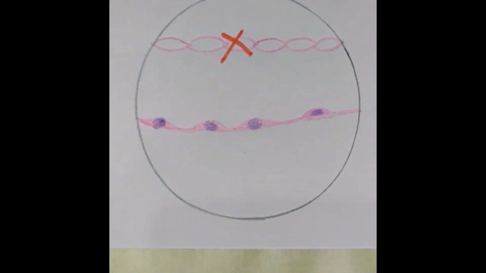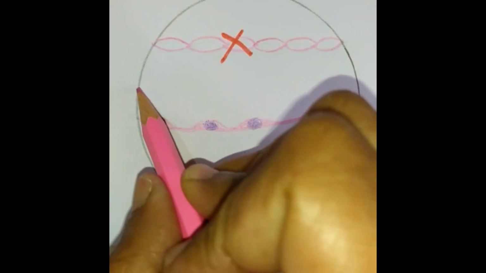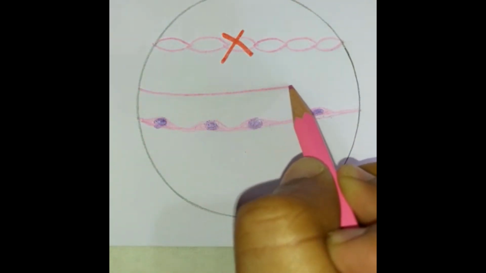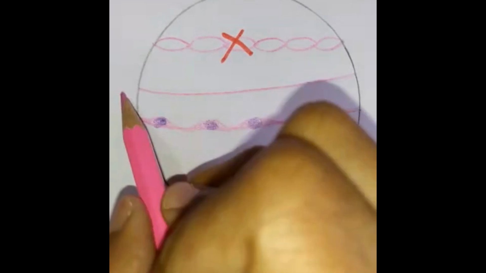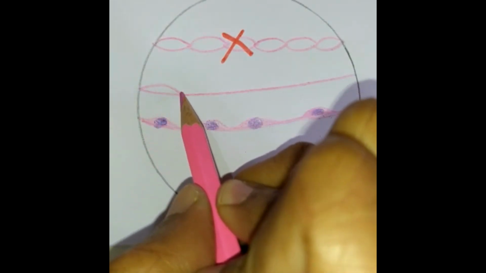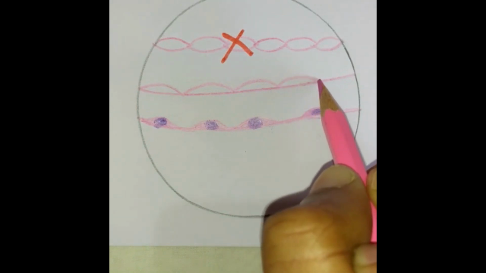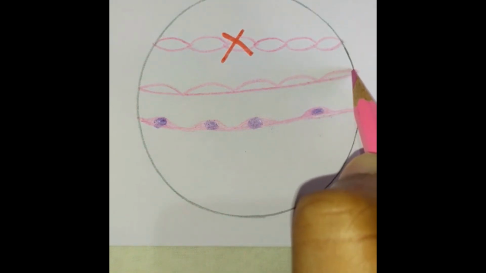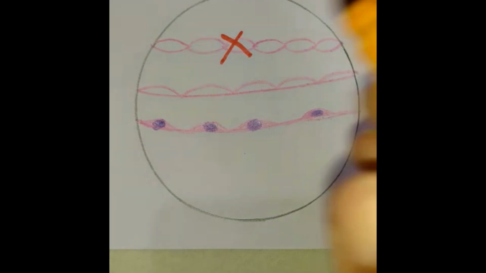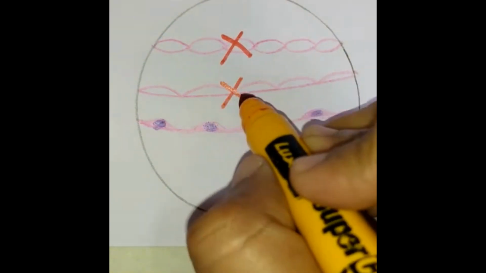Another method that students follow is they draw the basement membrane, and then this is how they draw the squamous epithelium. That also is wrong.